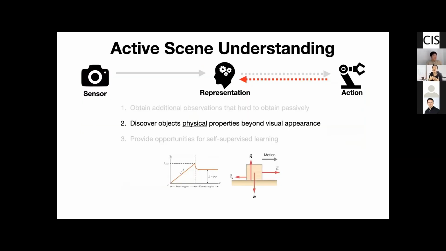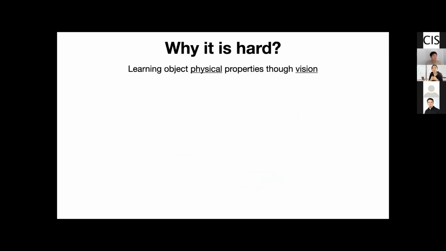Apart from increasing the object's surface visibility, active interaction can also help the system understand the object's physical properties that go beyond their visual appearance. Physical properties like mass and friction are often not directly observable from the appearance.